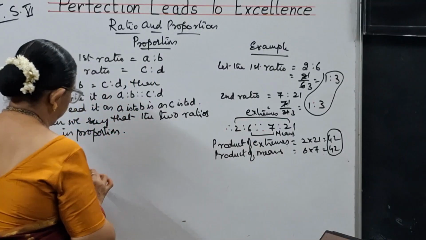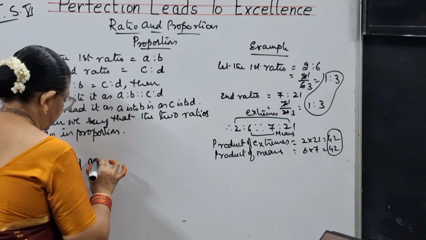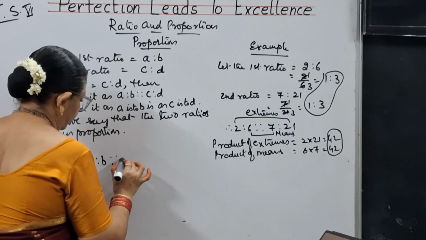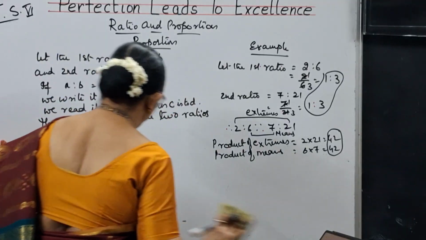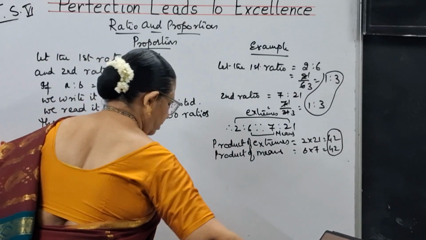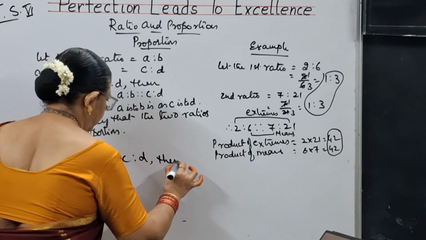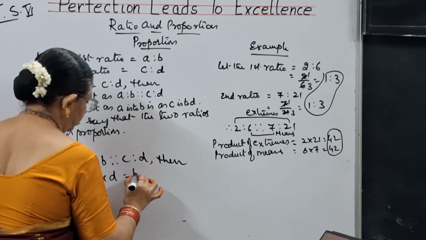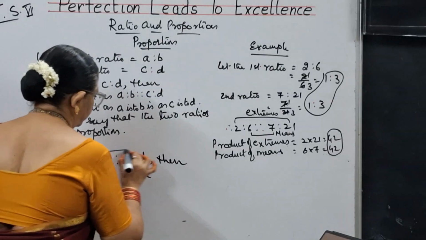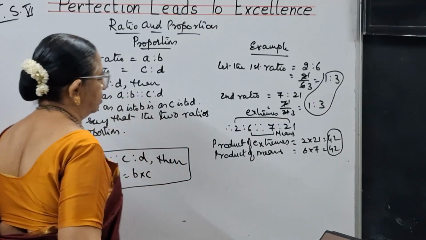So, if we can write a common note, if A is to B is as C is to D, then A into D will be equal to B into C. This is a property which you should learn, children.